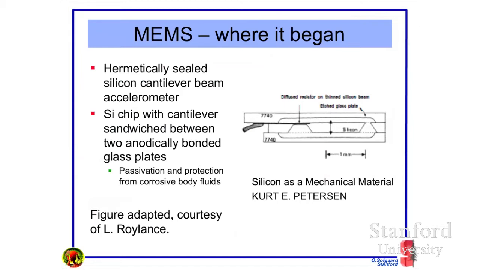He showed a piece of work that was done by a PhD student here at Stanford, Roylance was her name, and she made some of the first MEMS accelerometers. So these are basically the forefathers of the accelerometers that you have in your cell phone and in your car right now. If you look at the structure, you're going to recognize that you have a spring and a proof mass, exactly the same thing as I've been talking about.